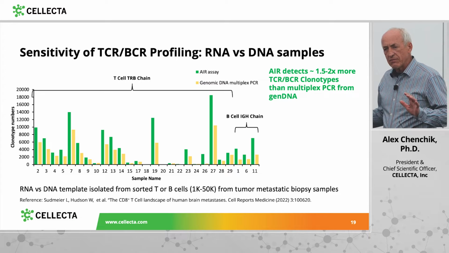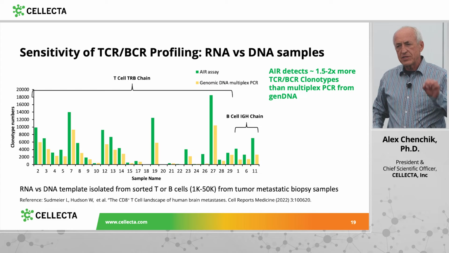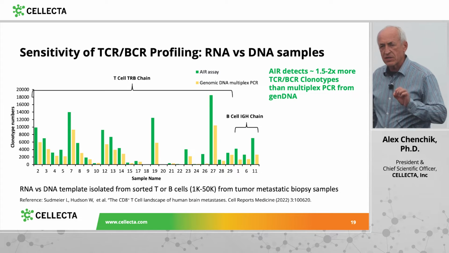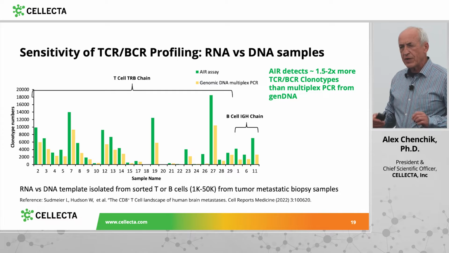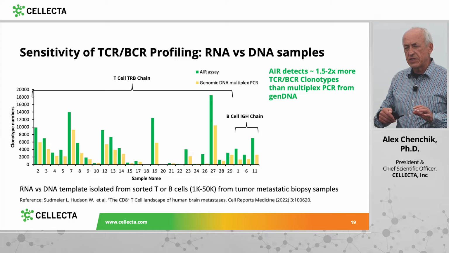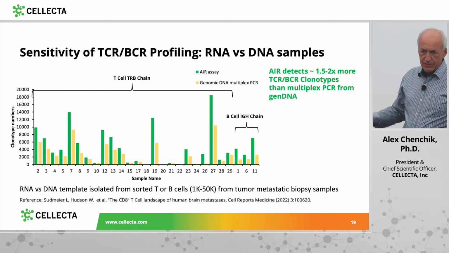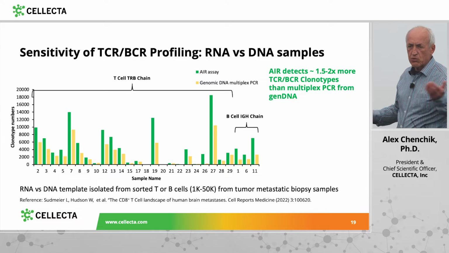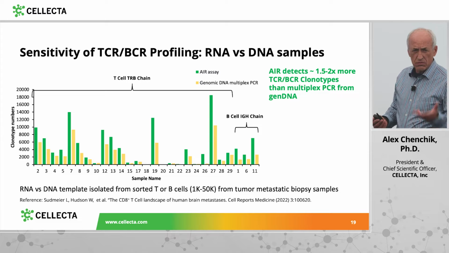So what they did, they took multiple patient samples, you see, purified T and B cells from brain metastatic lesions by FACS, purified DNA and RNA, and they gave DNA to Adaptive Biotechnologies, and RNA they gave to us.